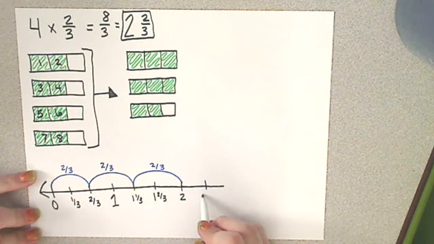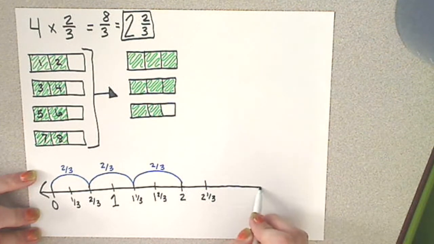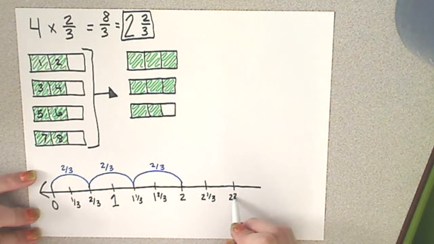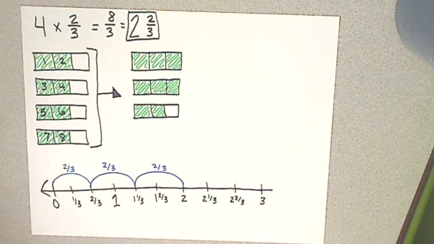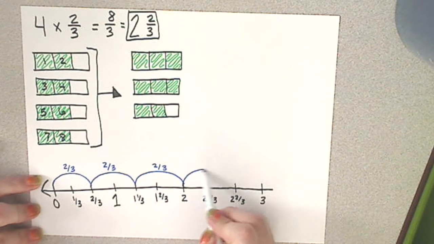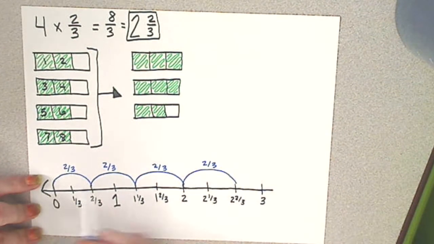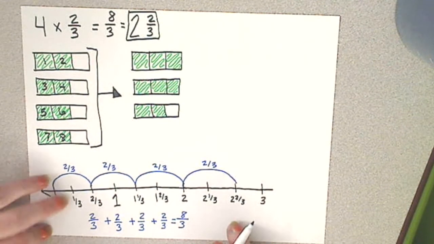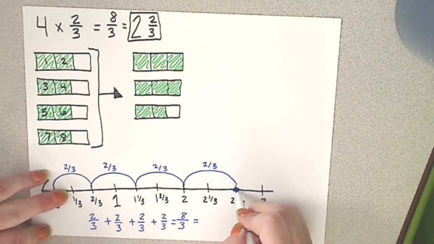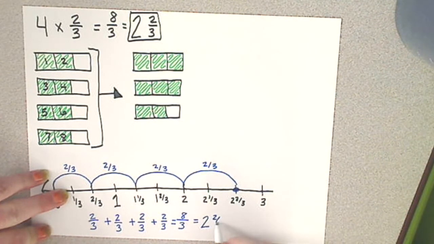So I now have 2 and 1/3, 2 and 2/3, and 3. So now I've got 2/3 4 times.